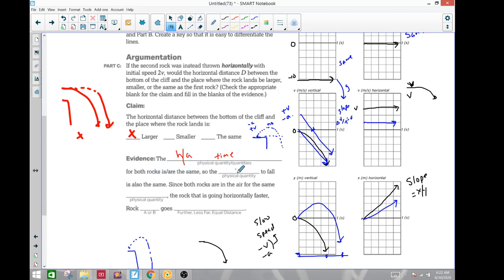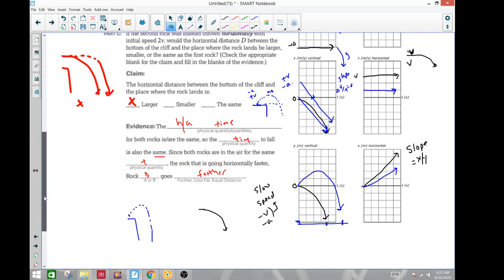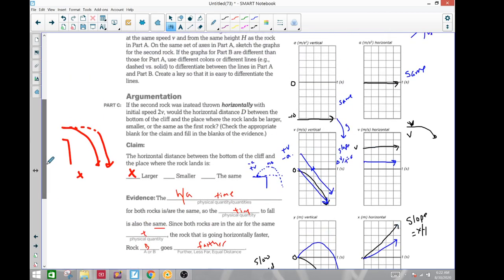Therefore, the time it takes to fall is also the same. Since both rocks are in the air for the same amount of time, the rock thrown horizontally faster, the second rock, goes farther. All right, that is an excellent exercise. Thank you.